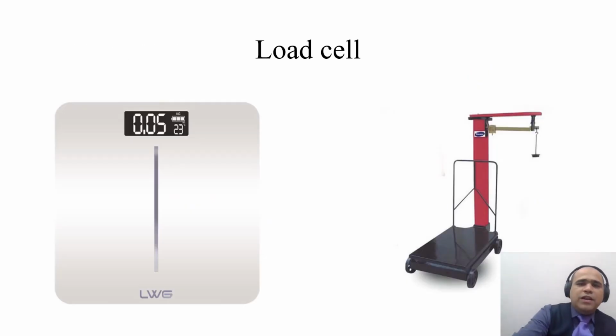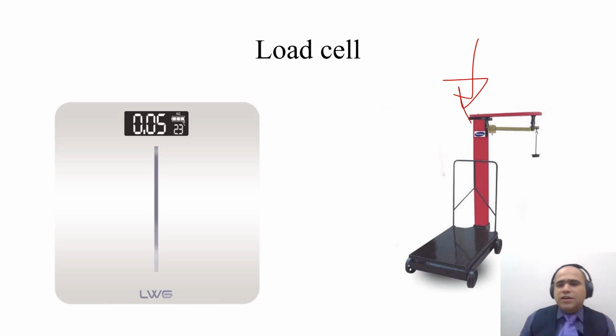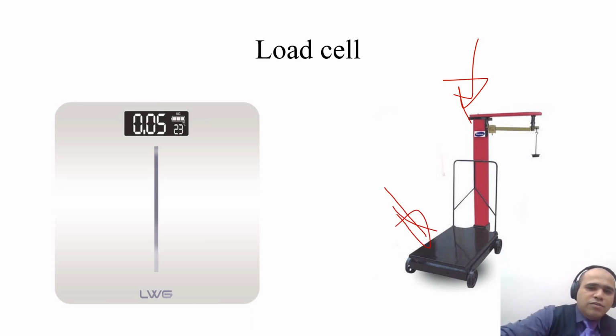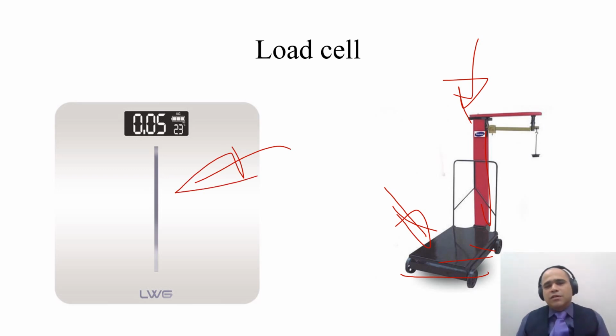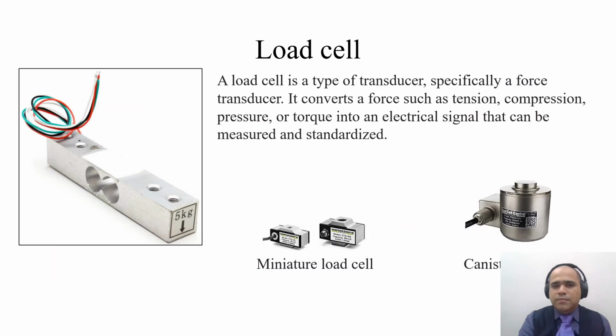Now, in the railway station, you might have seen this kind of weighing scale. You put a heavy load of up to a few kgs, and there could be a mechanical spring balance, or there could be a load cell at the base to give you the digital reading. Even this load cell is used in the weighing machines that you typically see inside your house.